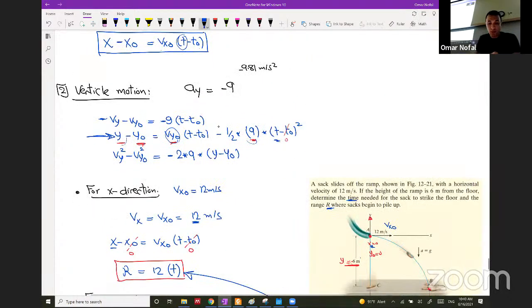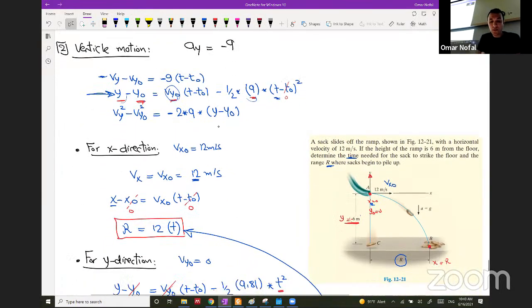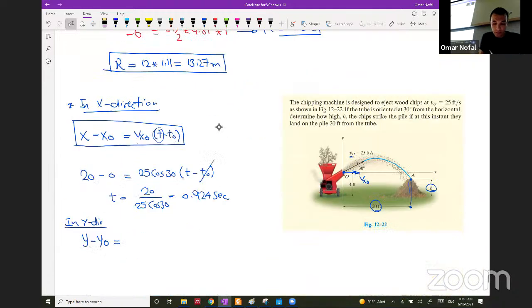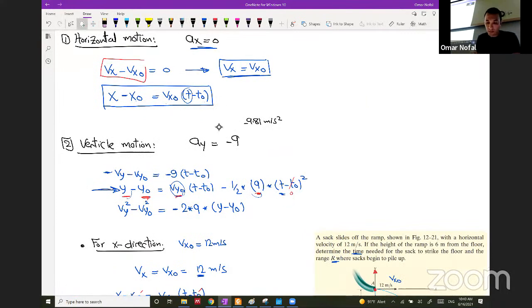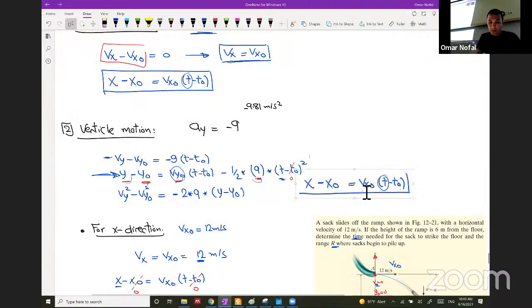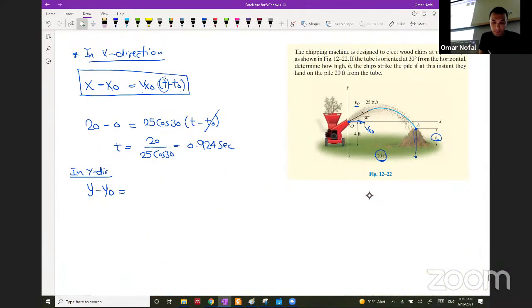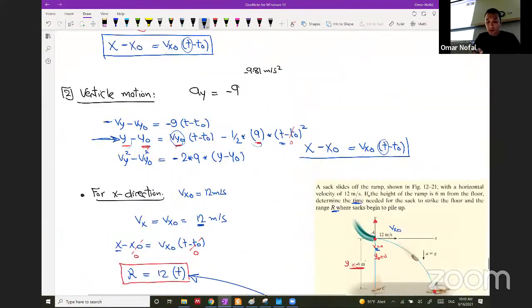Here is our equation: y minus y node will be equal to vy node t minus one half g, t minus t node squared. Let's make sure that we got it right.